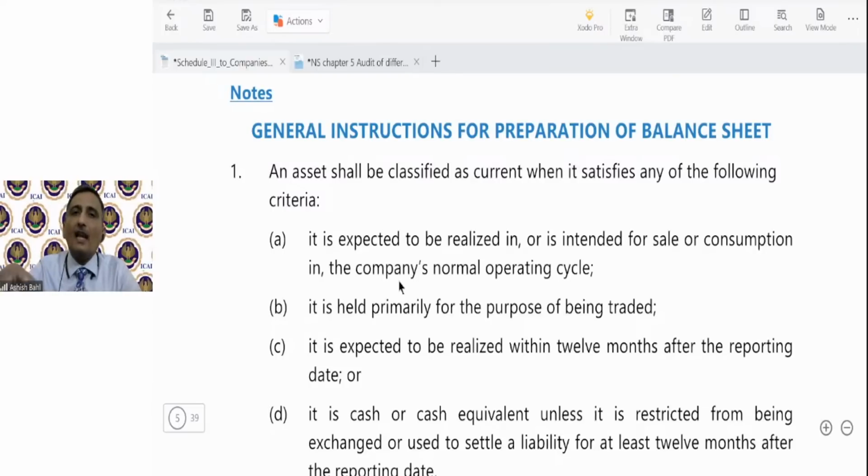These are all there in Schedule 3. So what this chapter does, it takes these requirements and puts them in front of those items which you are going to study.